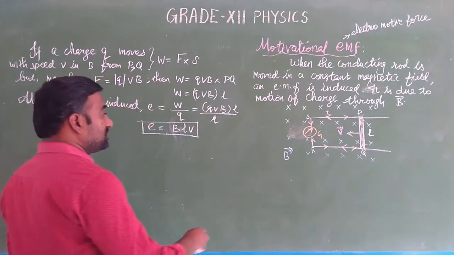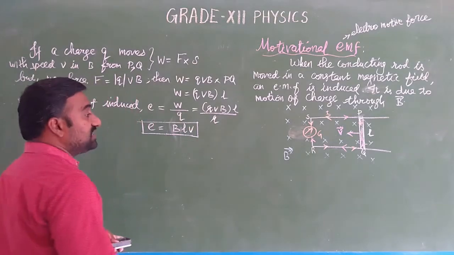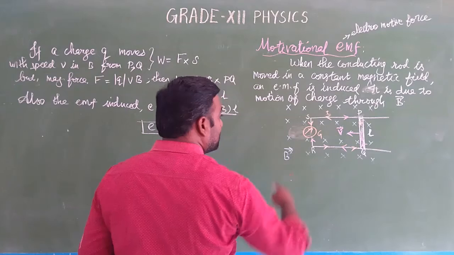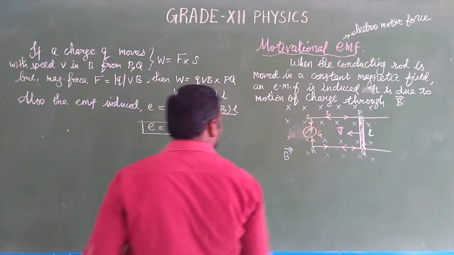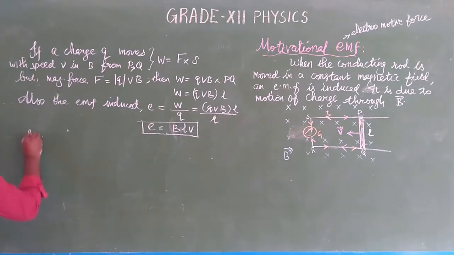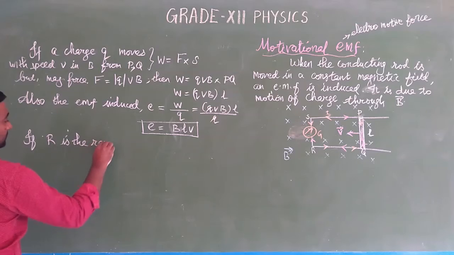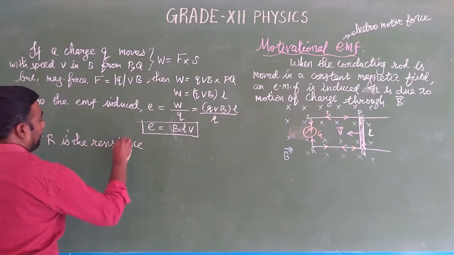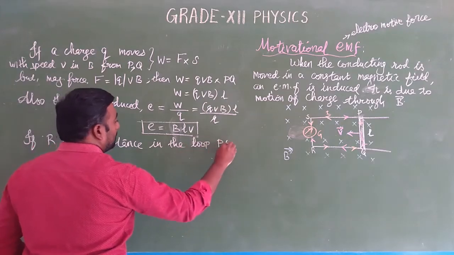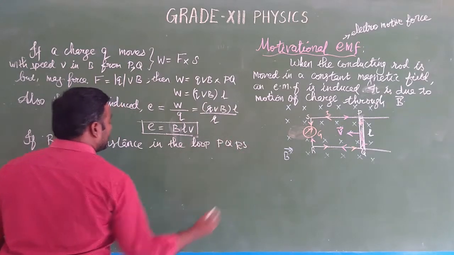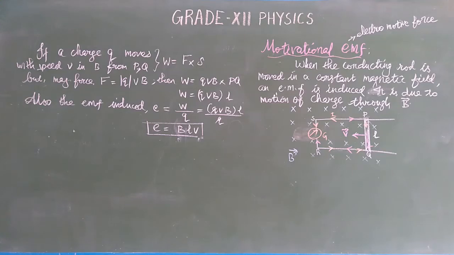Suppose in the circuit, R is the resistance in the loop PQRS at a given instant.